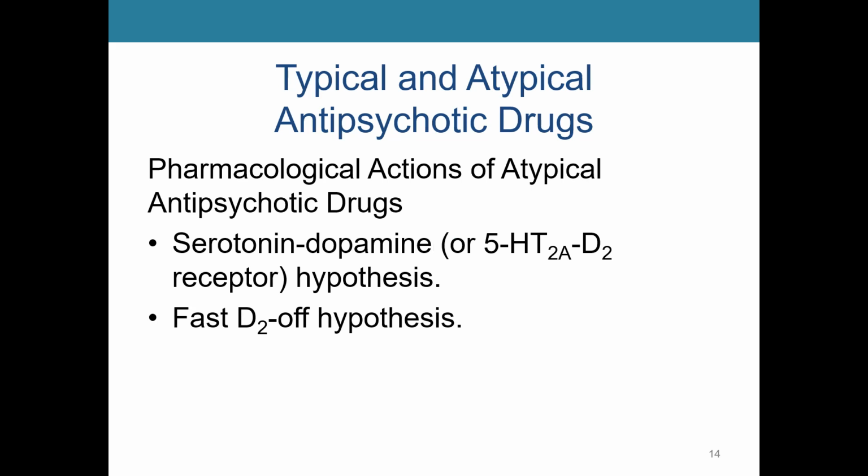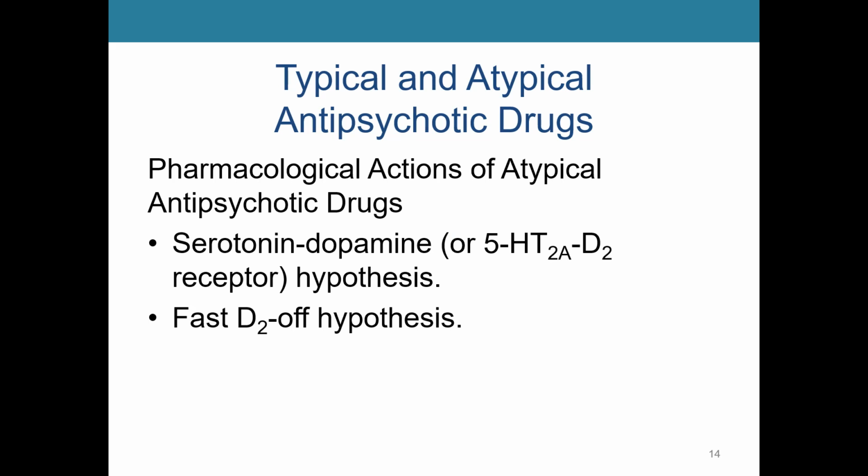The serotonin-dopamine or 5-HT2A/D2 receptor hypothesis states that the atypical antipsychotic drug effects derive from the preferential antagonism of serotonin 5-HT2A receptors compared to the dopamine D2 receptors. Pharmaceutical companies most often follow this hypothesis for developing new atypical antipsychotic drugs.